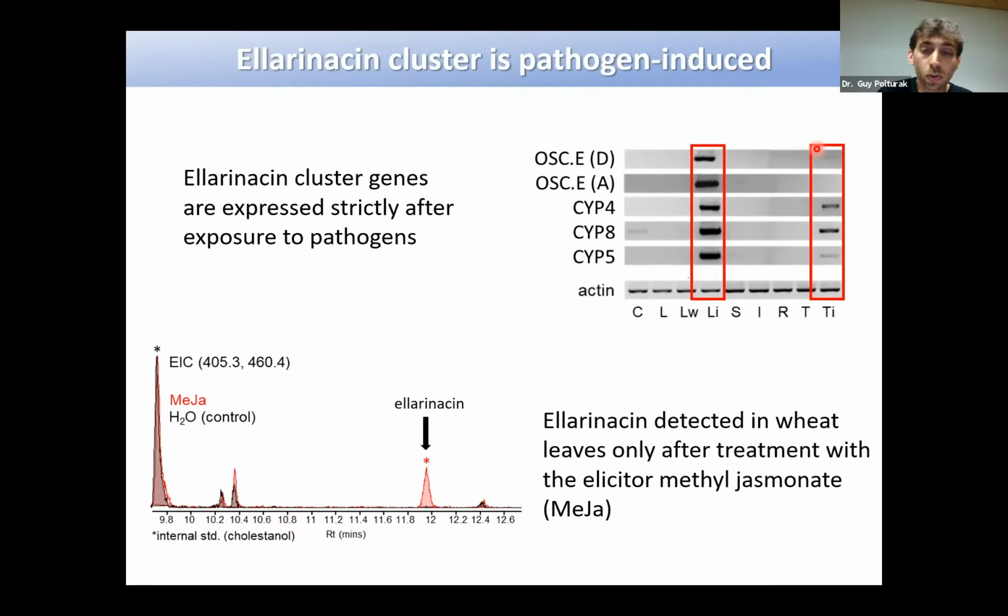And correspondingly, we could only detect Ellarinacin in wheat leaves after treatment with the elicitor methyl jasmonate. So this strengthens the notion that this compound has a defense-related role, but also is a nice example of why this sort of compound is one we would not be able to identify by simple chemical screening of wheat extracts.